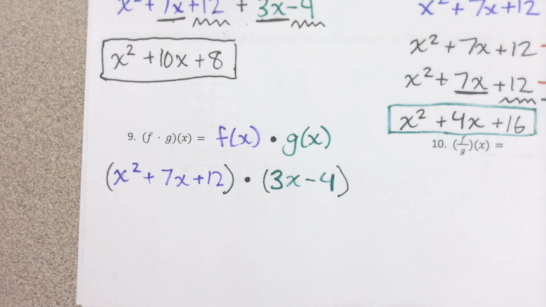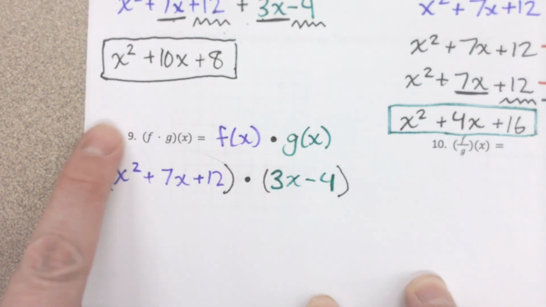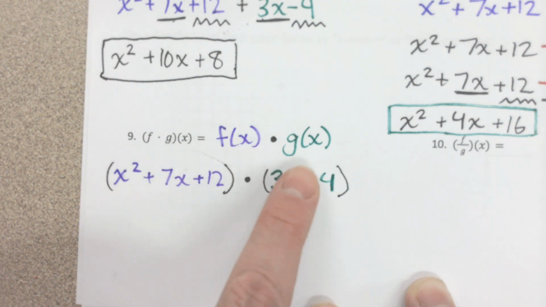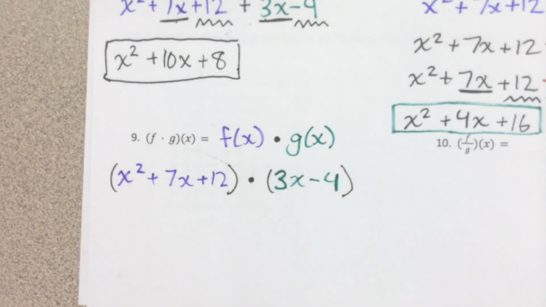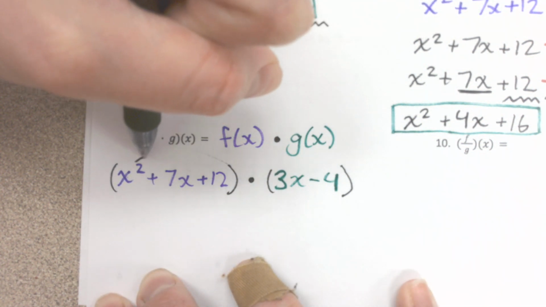We're going to do this 3 times: we're going to take each term in the first set of parentheses and distribute it into the second set. So I'm going to multiply x squared into here, and then 7x into here, and then 12 into here. You just have to be very methodical about it. It takes a bit of time to do, yes, but if you follow the steps like you're supposed to, you'll be just fine. So let's start with the x squared.